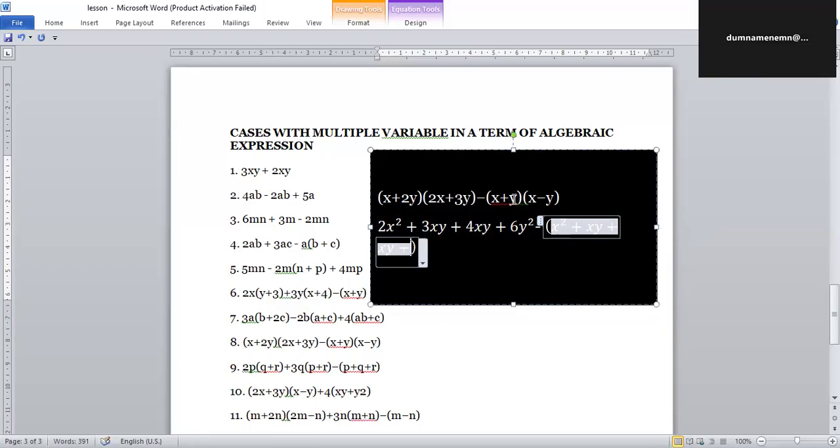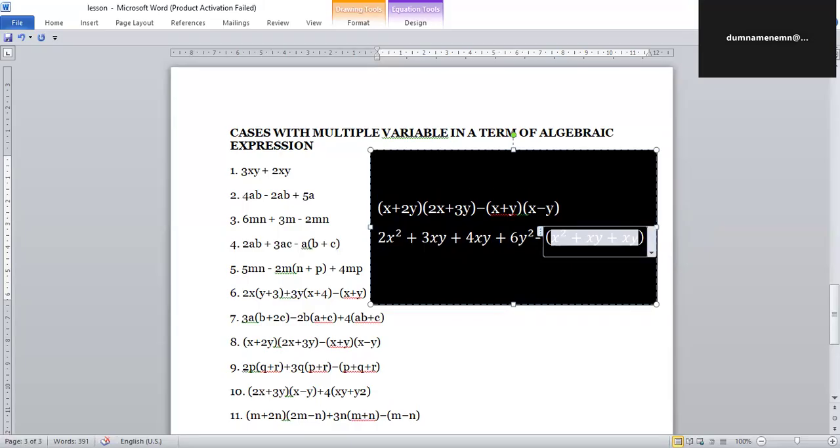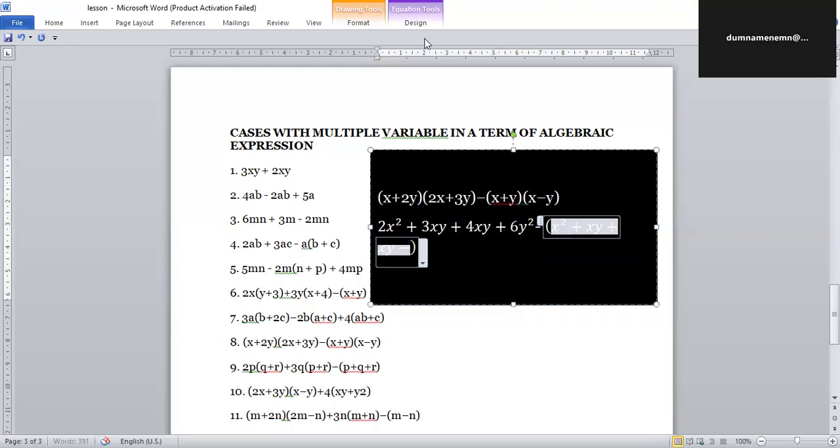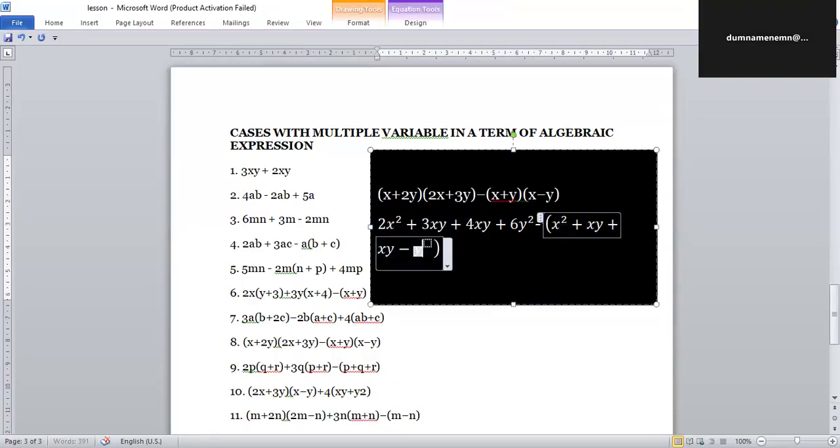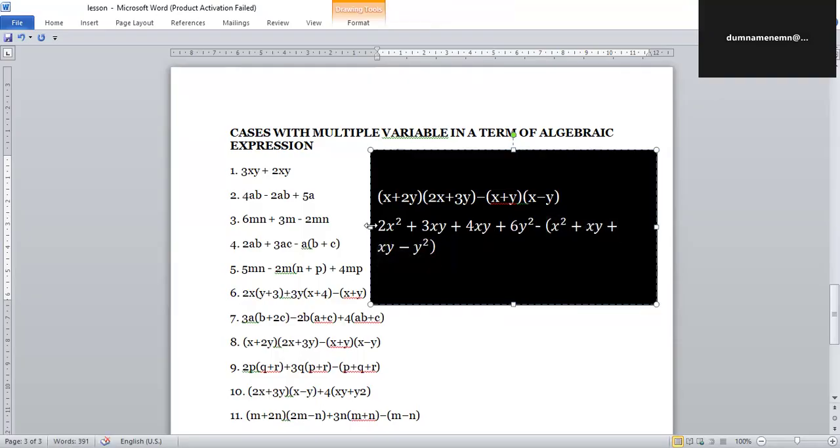Then y multiply negative y is going to be negative, please. Positive multiply negative is going to be negative. So you're gonna have y squared. All right, sorry, let me make this to be more neater for you.